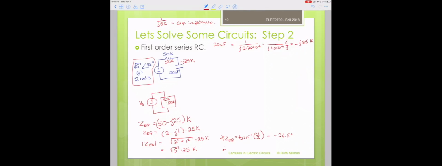So therefore, in polar form, Z_EQ is equal to 25√5 with an angle of minus 26.5 degrees. We have our equivalent impedance in phasor form, both in polar coordinates and in Cartesian coordinates.